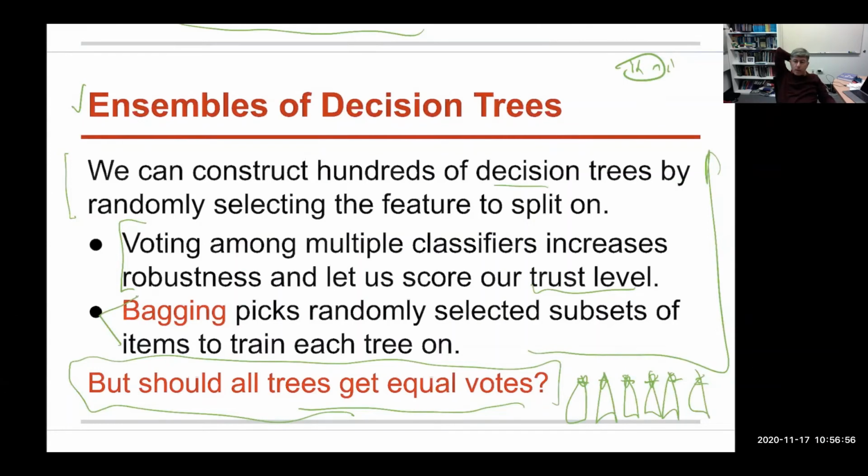They were trained on the same examples, or almost the same examples in the case of bagging. How should I weight these trees? Should I give each an equal vote? Or is there any other criteria by which I can decide how much to weight each tree?